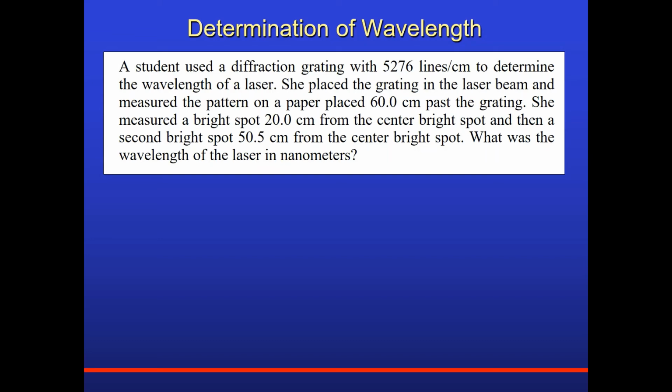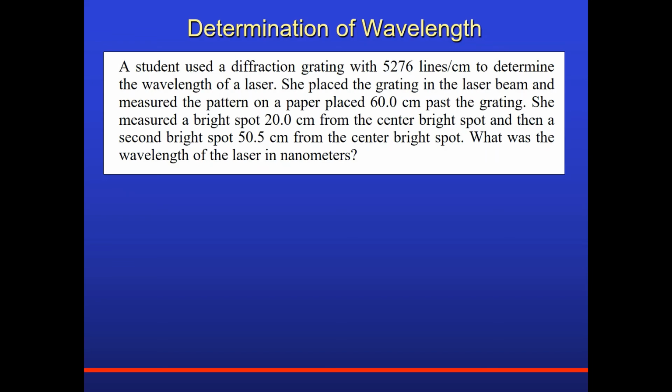She then measured a bright spot 20 centimeters from the center, and then a second bright spot 50.5 centimeters from the center. Okay, from this data, what was the wavelength of the laser in nanometers?